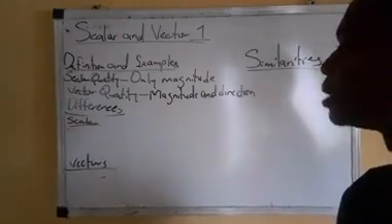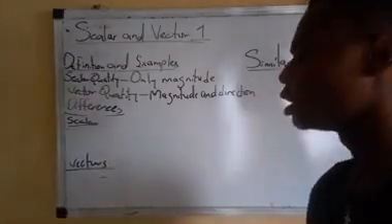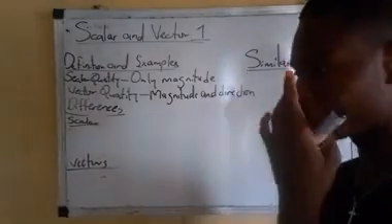Now let's go to some examples of scalar quantities, then some examples of vector quantities.